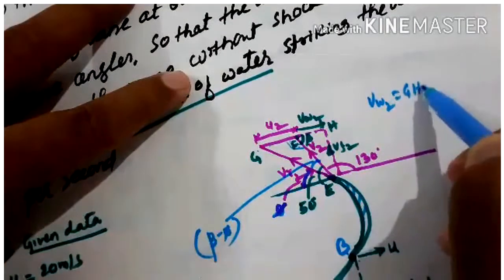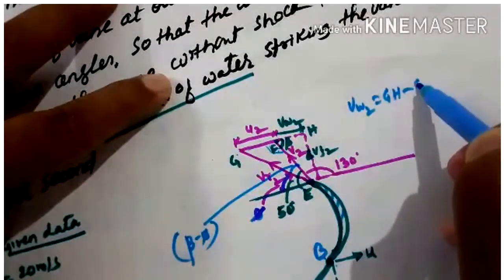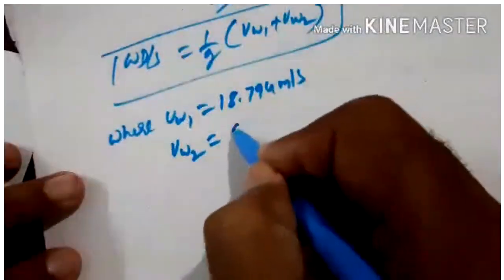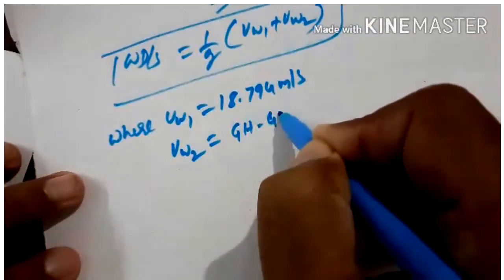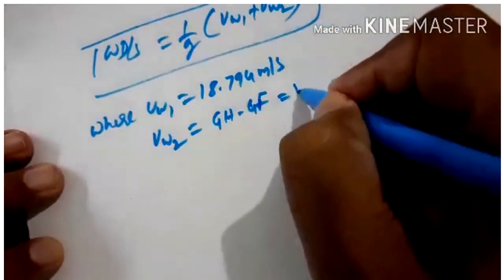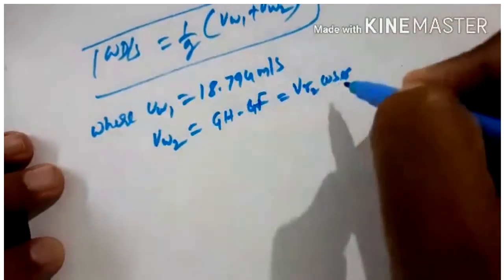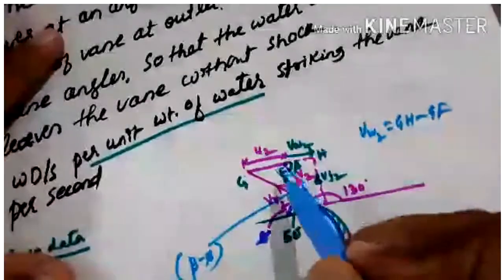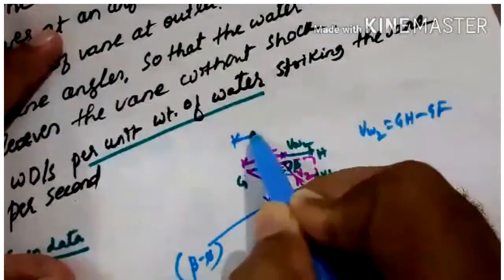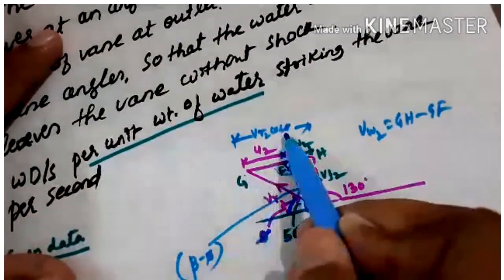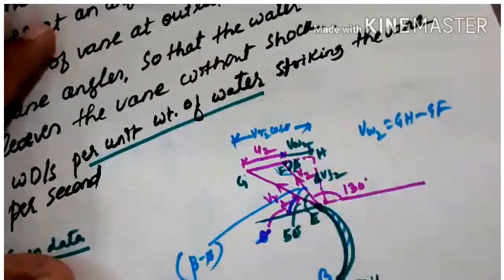So look at this figure: this total is VR2 cos phi, so VR2 cos phi minus U2 is VW2.